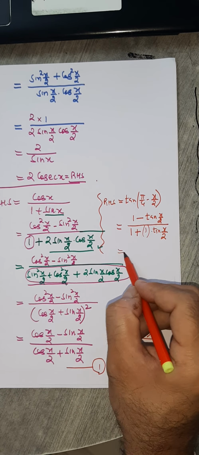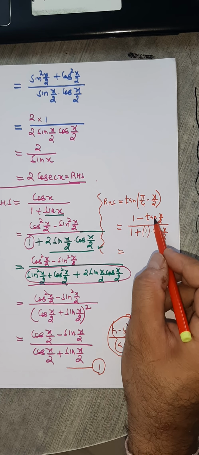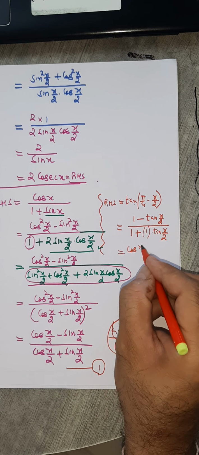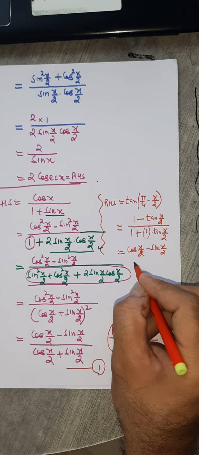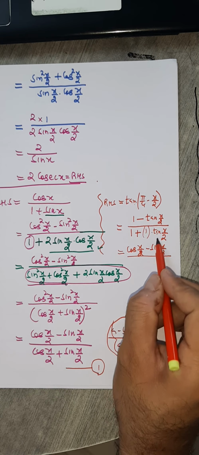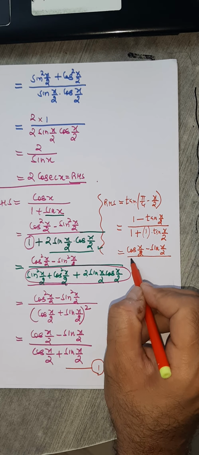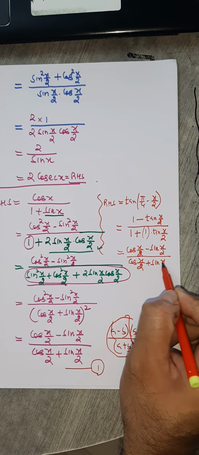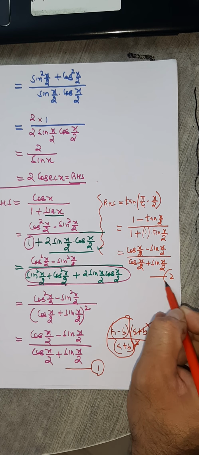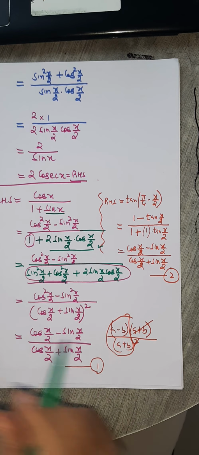Now you must have realized, instead of tan you write sine by cos and take cos as the LCM. So cos x by 2 minus sin x by 2 upon cos x by 2 plus sin x by 2. Cos you can cancel from the numerator and denominator. You see, this is equation 2. Now notice 1 and 2.